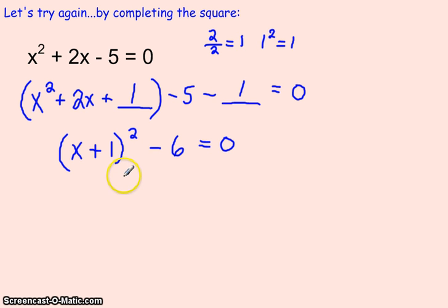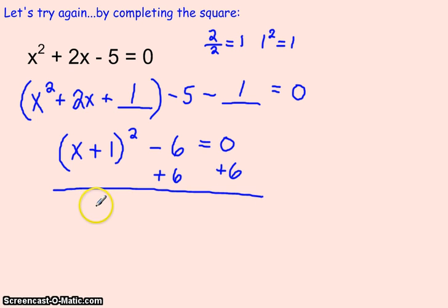But now this is where it gets a little different. What I want to do is solve for x. So the first thing I'm going to do is get this minus 6 on the other side by adding 6. So that leaves me with x plus 1 squared equals 6.